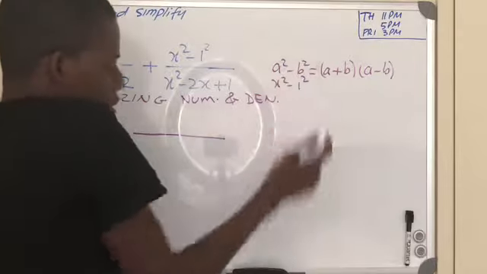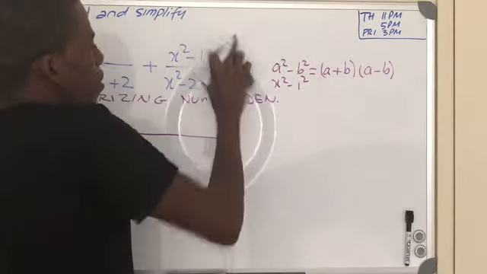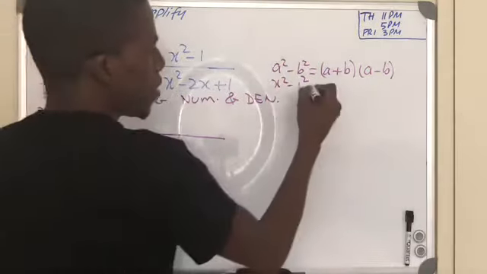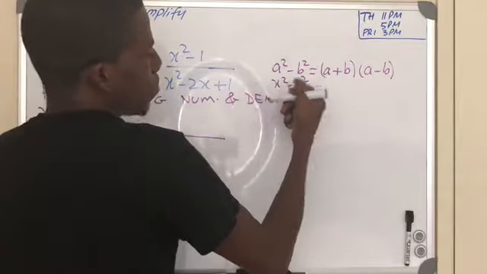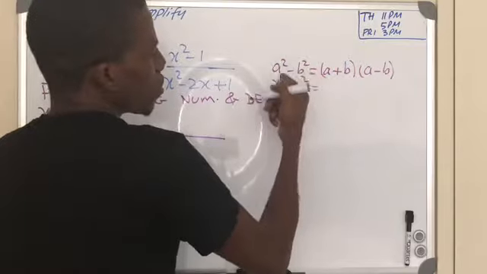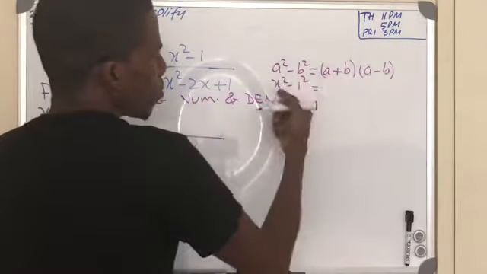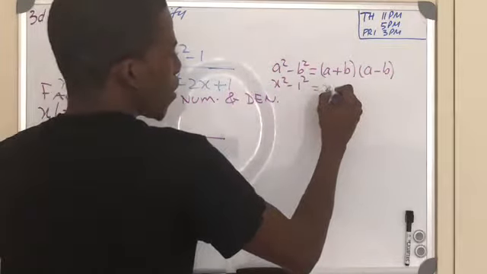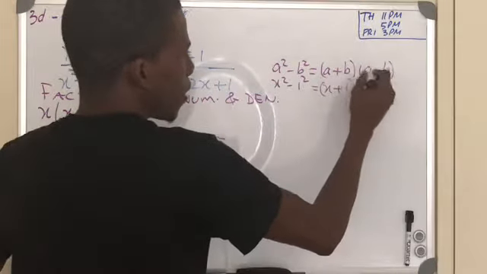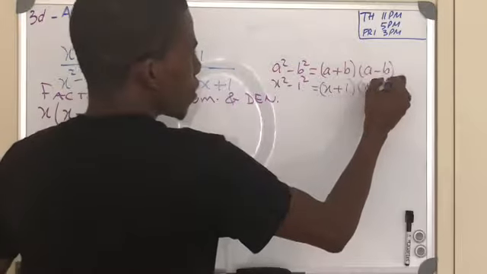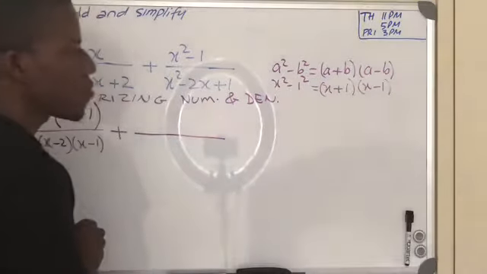It's not going to change anything. I can say a squared, that's x squared, minus b squared. So it's a plus b times a minus b. So x squared minus 1 squared is x plus 1 times x minus 1. Okay?